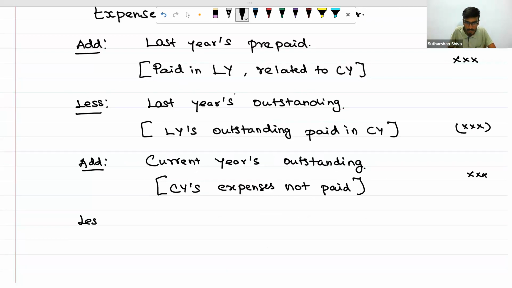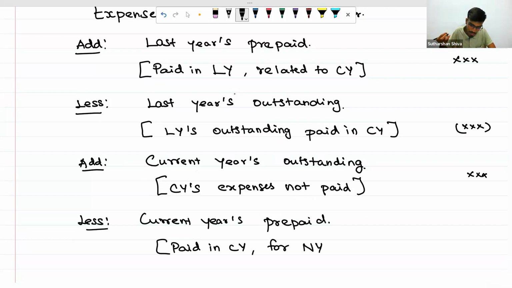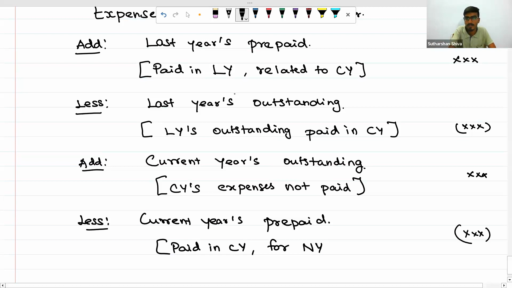Next, we will deduct a few things. That is current year's prepaid, that is paid in current year for next year or for future years, that we are going to subtract.